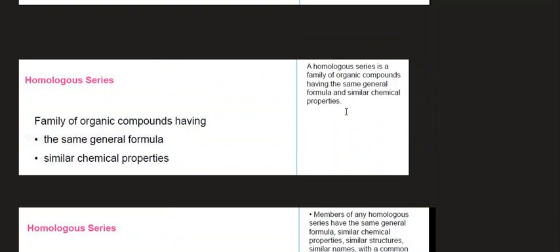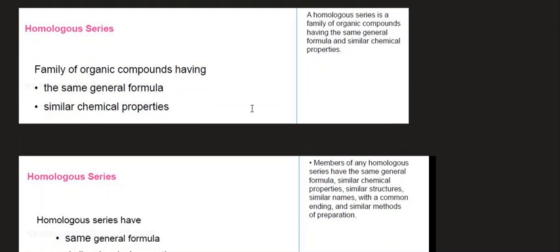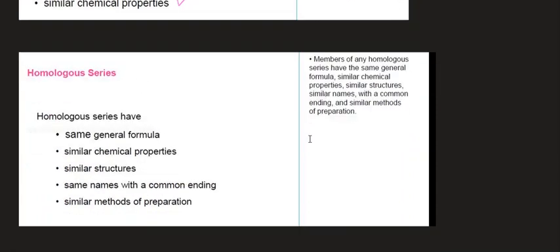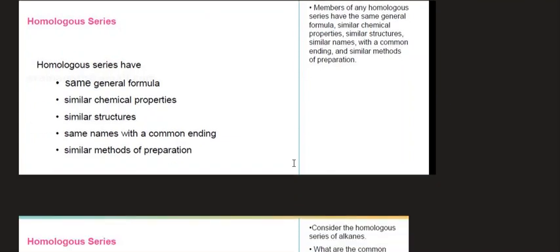You should know something about a homologous series. Homologous series is the family of organic compounds having the same general formula and similar chemical properties. They are called homologous. As I already mentioned, they have the same general formula, similar chemical properties, and similar structures.